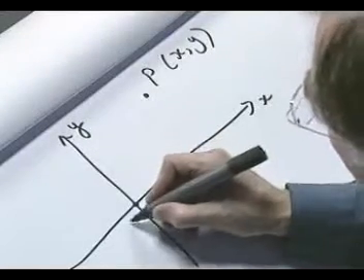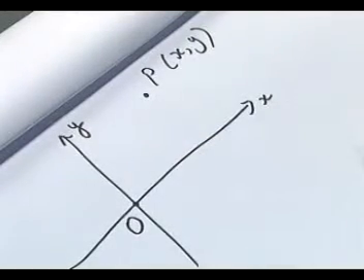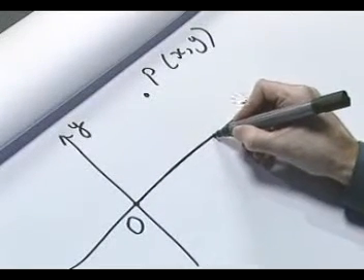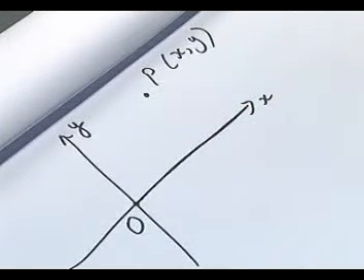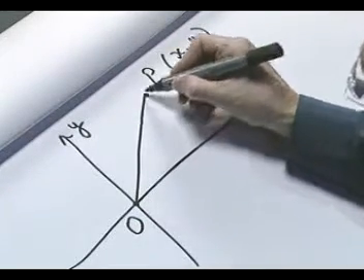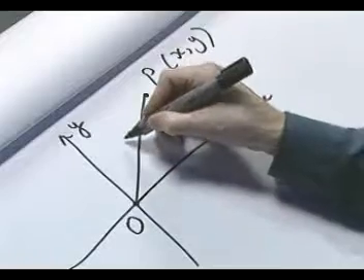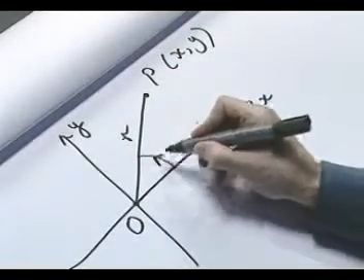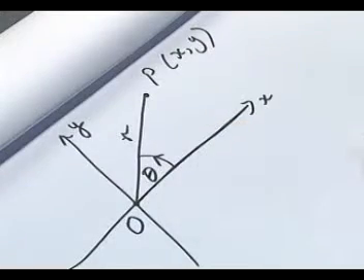Well, one obvious thing to do is to associate the pole with the origin, and then to associate the initial line with the x-axis. And then if we draw the radius out to P, and that's r, and that is the angle theta.